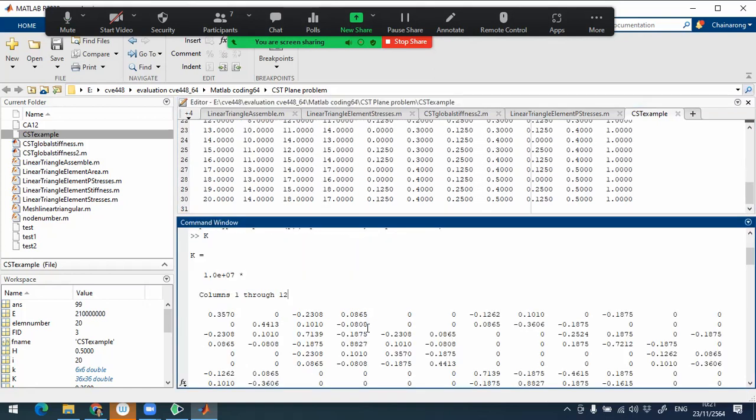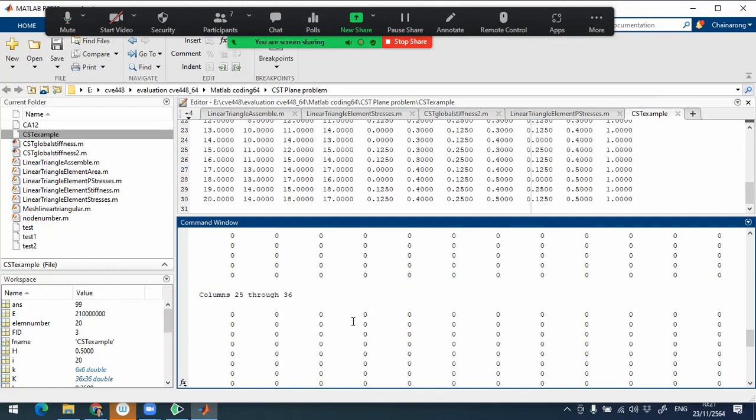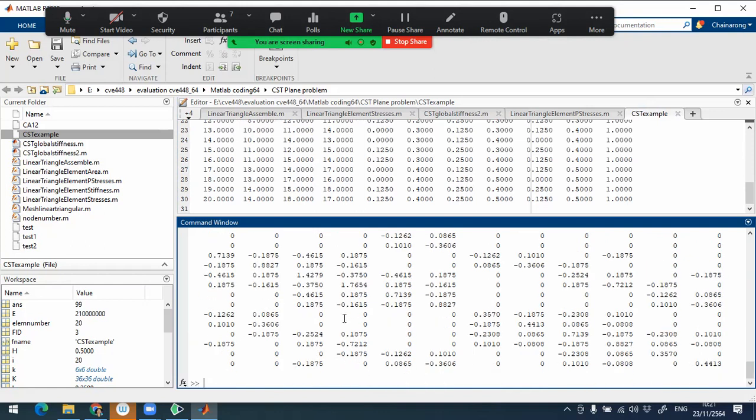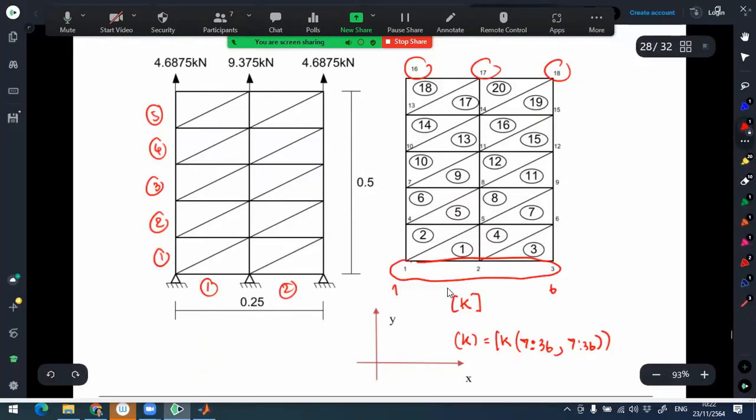After that, we will solve together. We have just 5 minutes, right? So then we will apply the boundary condition. As I mentioned before, if we set up the nodes like this, it's very easy to apply the boundary condition because the node numbers are in this sequence.